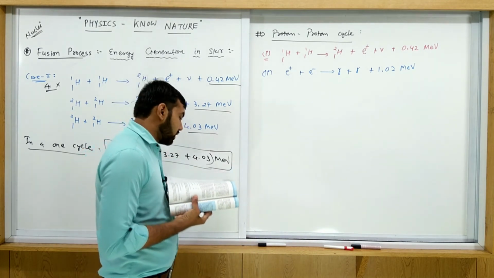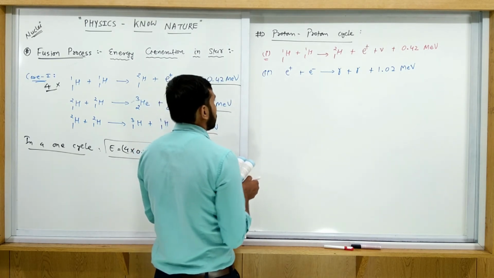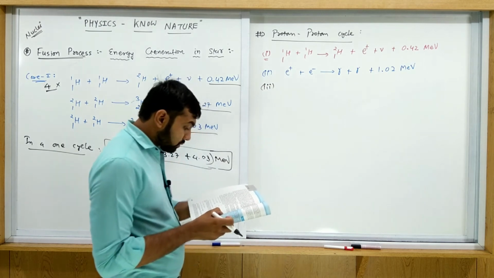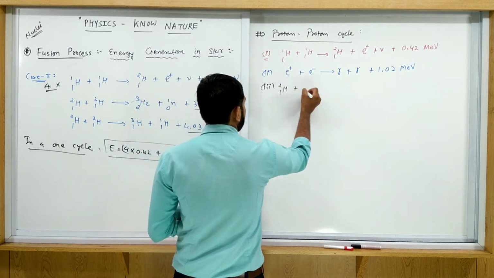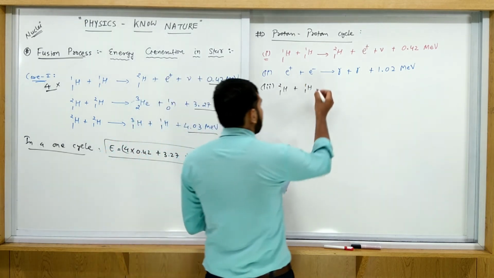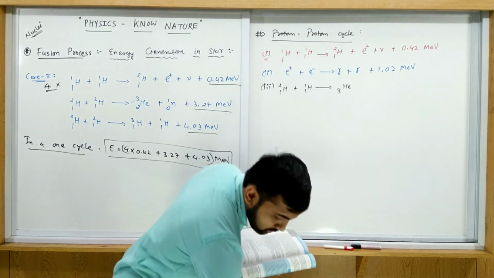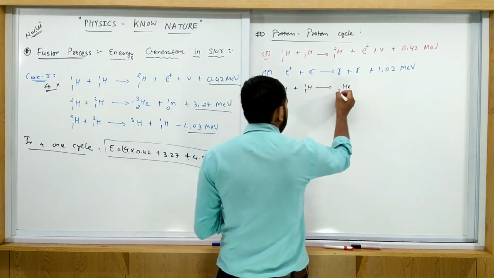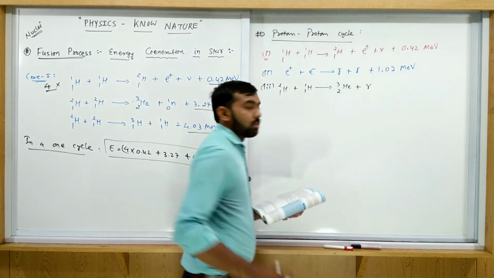Now what is the next step in this process? The third one. Let us write this down: 1s2 plus 1h1, and finally it forms the isotope of helium, 2he3, and here some gamma will be released.